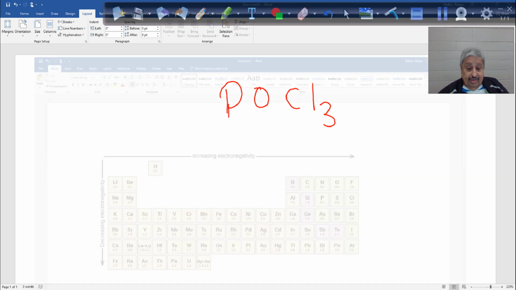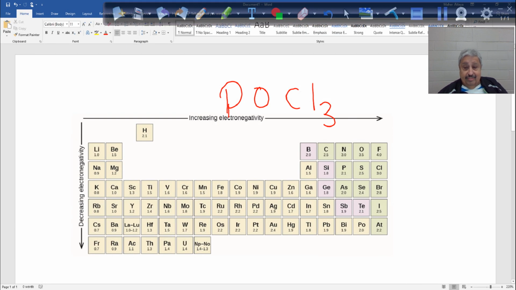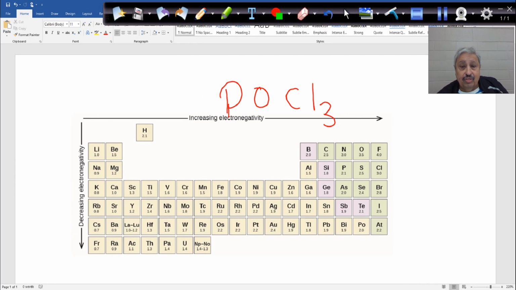Phosphorus is 2.0. That's a scale, no units, correct? Oxygen is the second highest, 3.5. And chlorine, third highest, almost like nitrogen, 3.0.